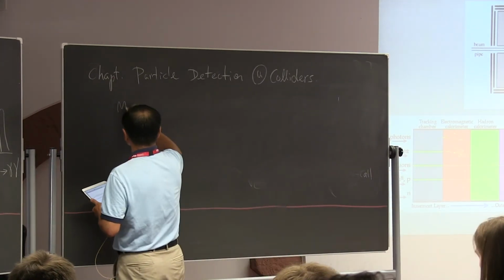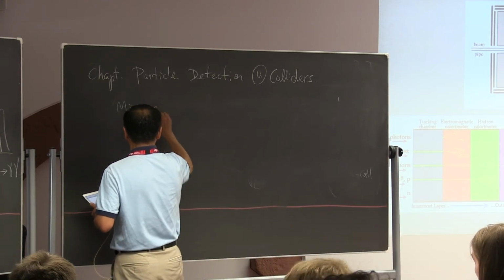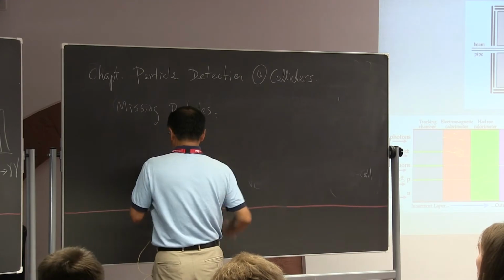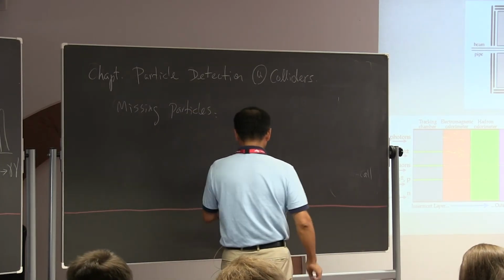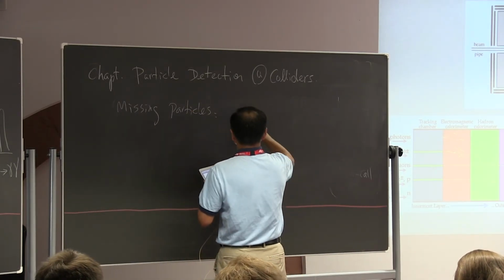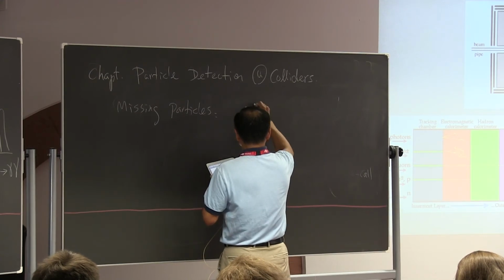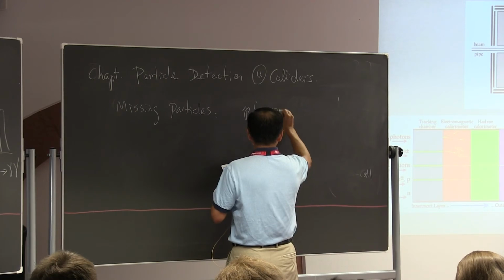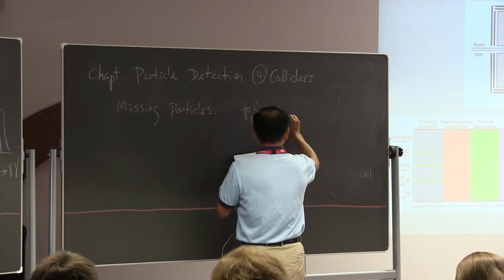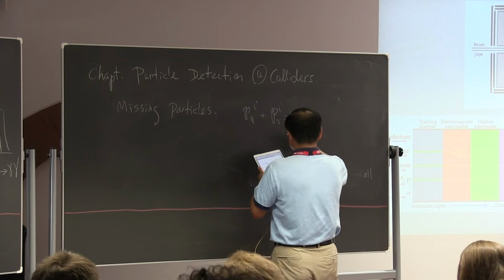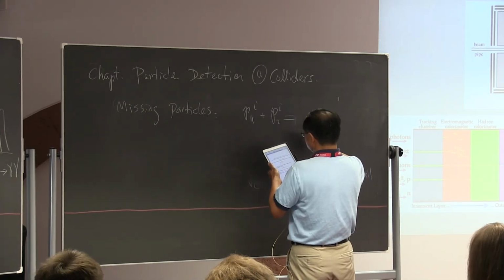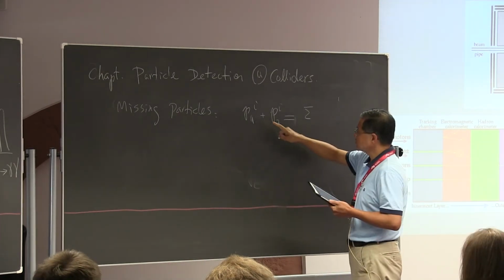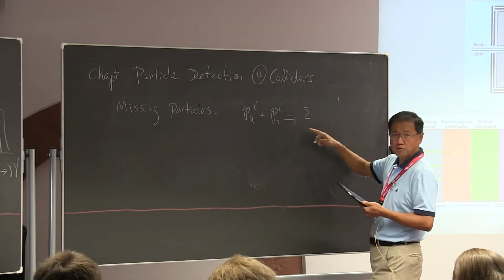So finally, for the missing particles. In principle, we know that the initial particle P1 and initial particle P2 decay or produce the final state particles, then P1 plus P2 equals the sum of P over the final state, right?